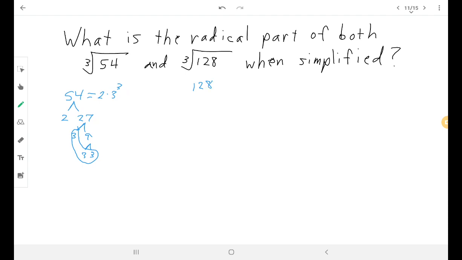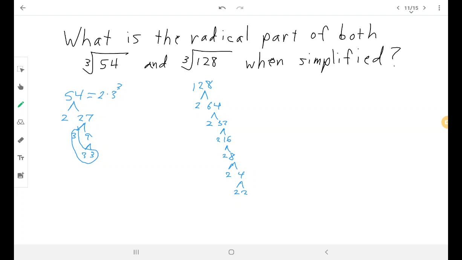Let's do the same with 128. It's 2 times 64, which is 2 times 32, which is 2 times 16, which is 2 times 8, which is 2 times 4, which is 2 times 2.